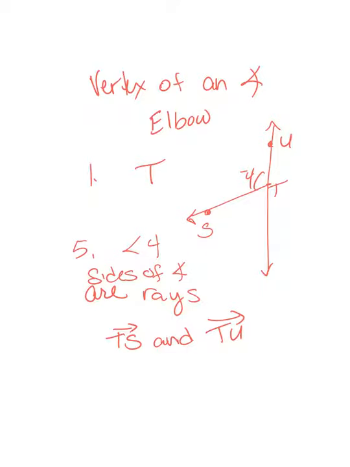Now number 9. Write another name for angle 3. Remember we talked about complicated angles, right? If you look at angle 3 on your picture, there are a lot of angles that converge on T. So you can't name it angle T in this case, because I don't know if you're talking about 4, 5, 3, or 5 and 3 combined.